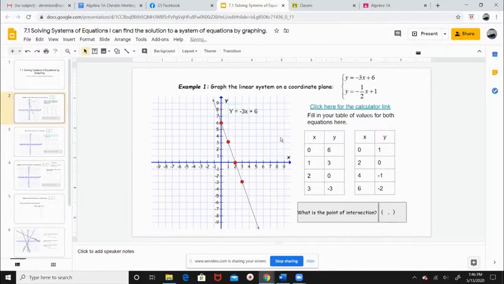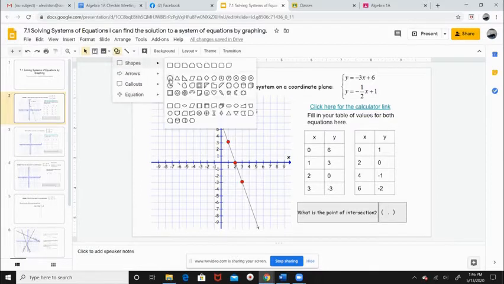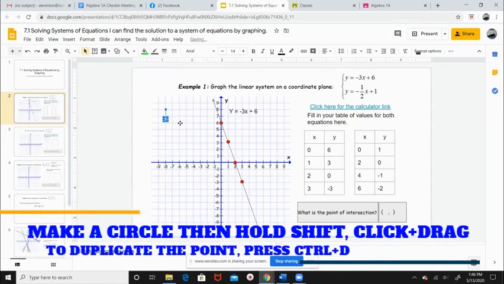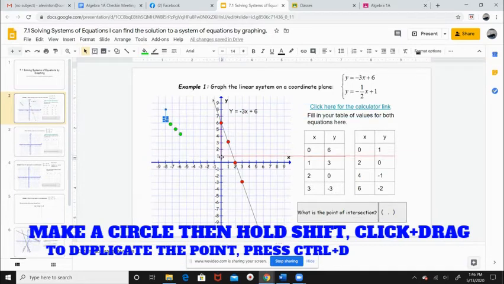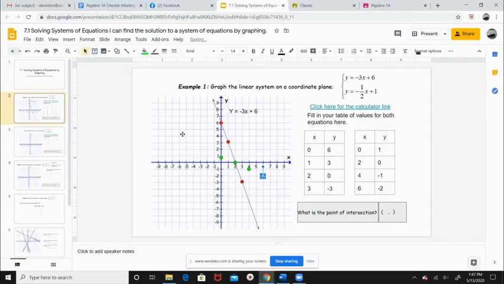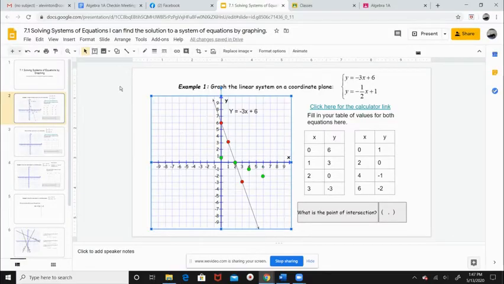After you have your first line, we're going to repeat the same process for the second line. Now that I have my points on the graph for the second equation, I'm once again going to connect all of the points on this line by starting at the first point and dragging it through the second point.